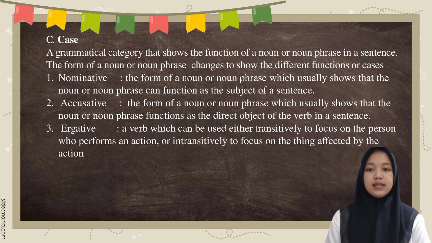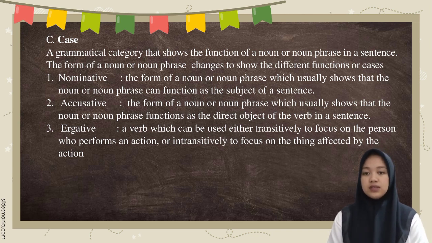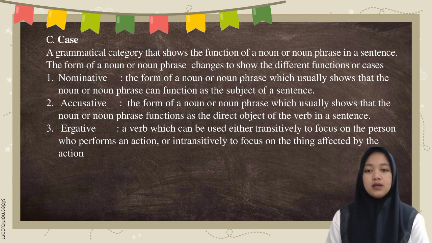I am Nurul Cahyani. Here I will explain about case. Case is a grammatical category that shows the function of a noun or noun phrase in a sentence. The form of a noun or noun phrase changes to show the different functions or cases. 1.